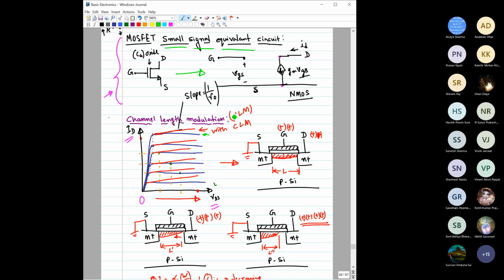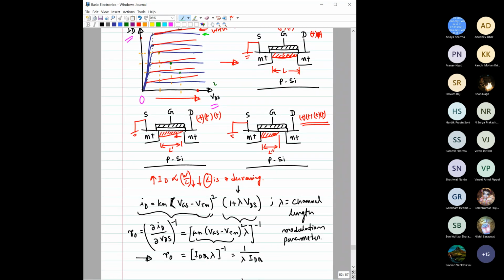However, for a practical MOSFET, as discussed in the last class, we know that the characteristics would not be parallel to this VDS axis, but would have some positive slope. This is due to channel length modulation. Because of this slope, in the small signal equivalent circuit, like the BJT, another resistance will also appear.